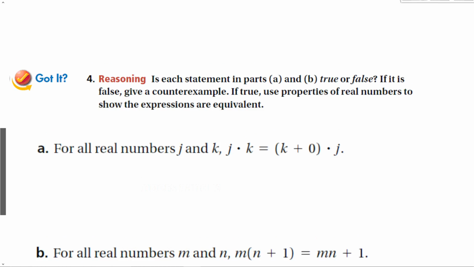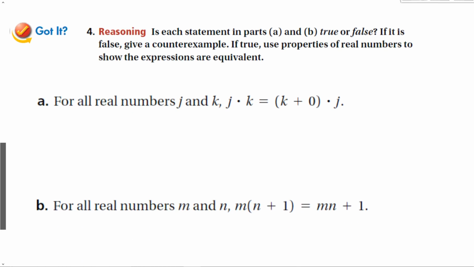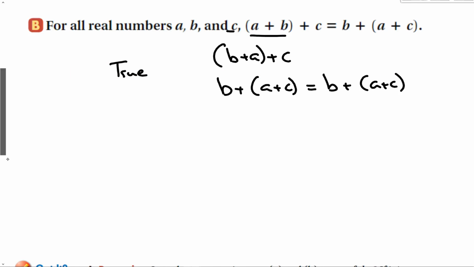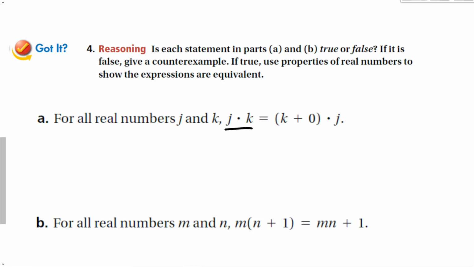Next. So for these two, are these true or false? And if they are false, give a counterexample. Okay. So for all real numbers, j and k, j times k is equal to k plus 0 times j. Well, I can use the commutative property right there to turn that into k times j.